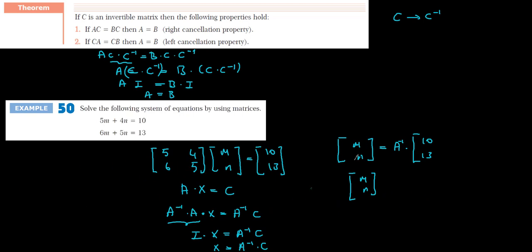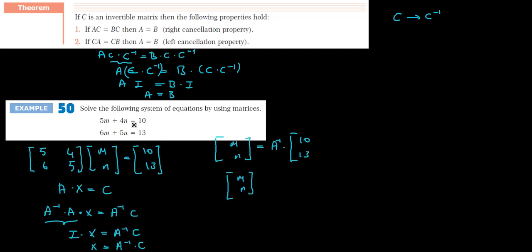A inverse is equal to, if you remember, for the matrix a, b, c, d, the inverse is 1 over (a times d minus b times c), times the matrix where a and d switch their places, which is 5 and 5 again, and b and c get a negative sign, which is 6 and 4.